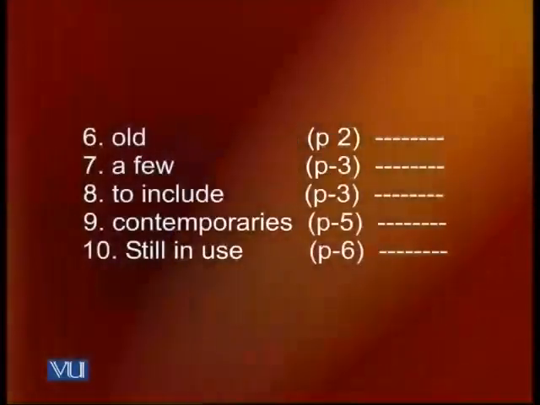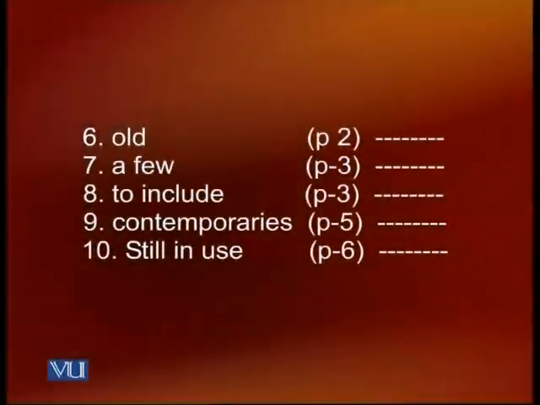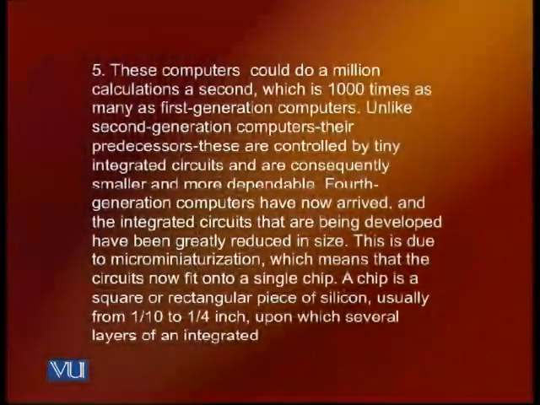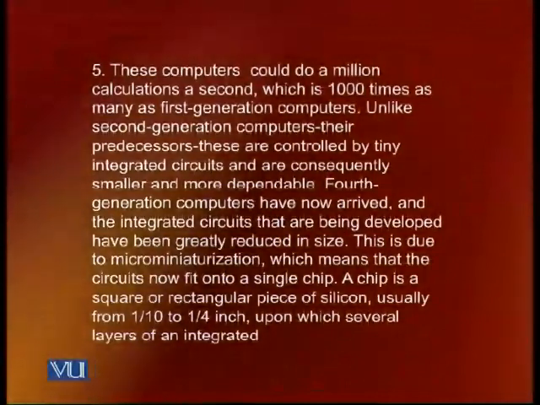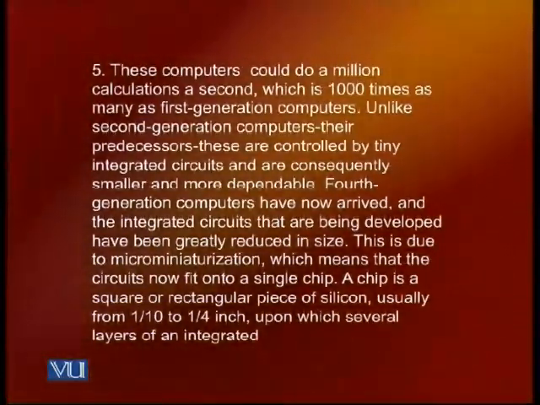Number 9, contemporaries. The word contemporary means belonging to the same period. People who live at the same time are contemporaries. You have to look for a word which is opposite in meaning to contemporary. Go through paragraph 5 and you'll find a word over there which is opposite to contemporary.